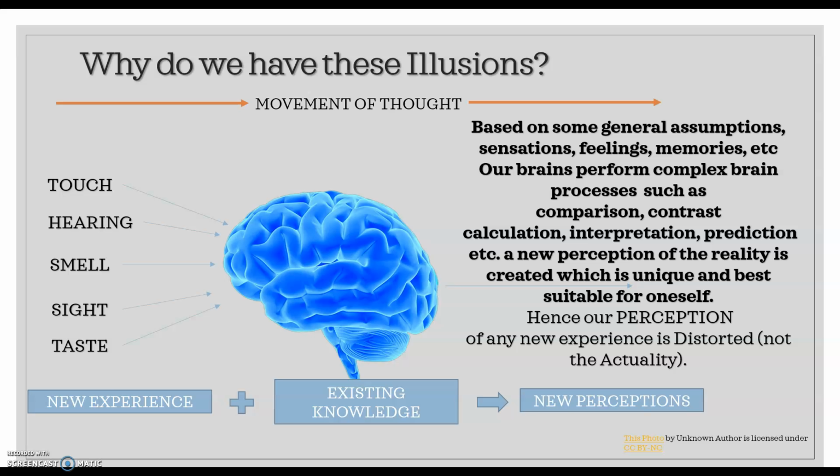Based on some general assumptions, sensations, feelings, memories, etc., our brain performs complex processes such as comparison, contrast, calculation, interpretation, and a new perception of the reality is created, which is unique and best suitable for oneself. Hence, our perception of any new experience is slightly distorted. It is not the actuality.